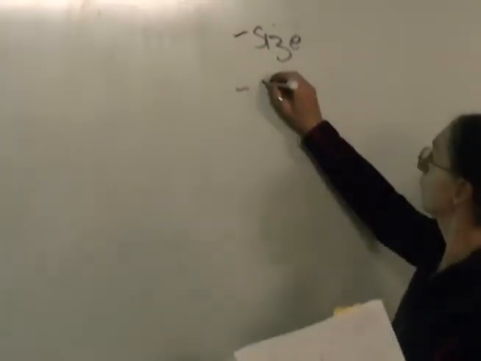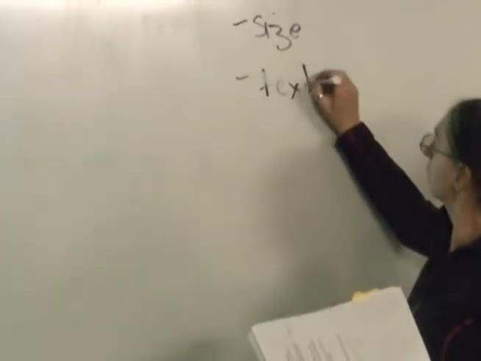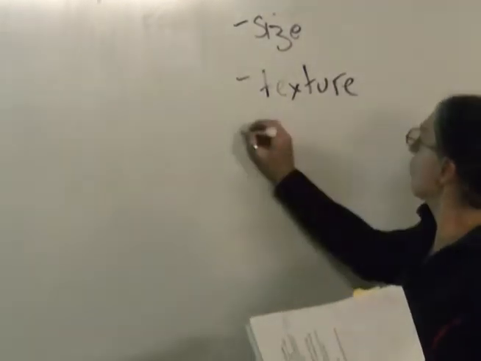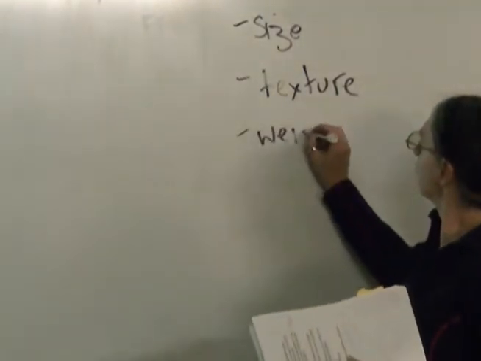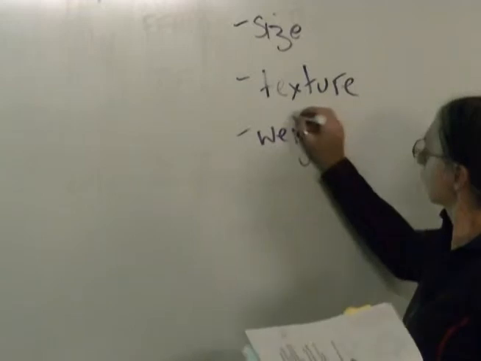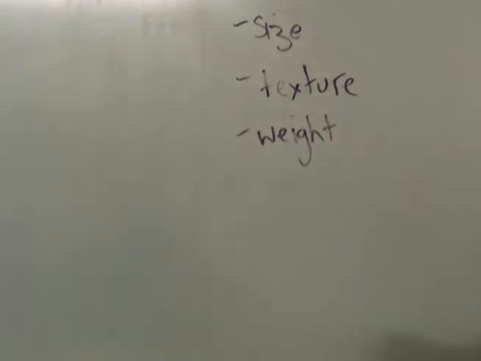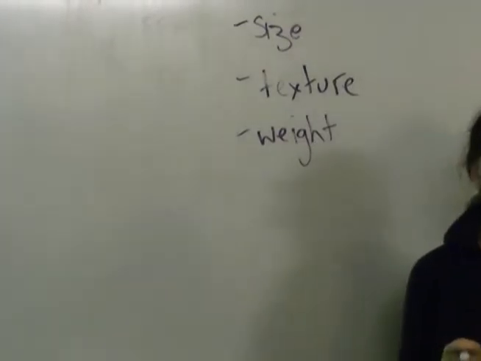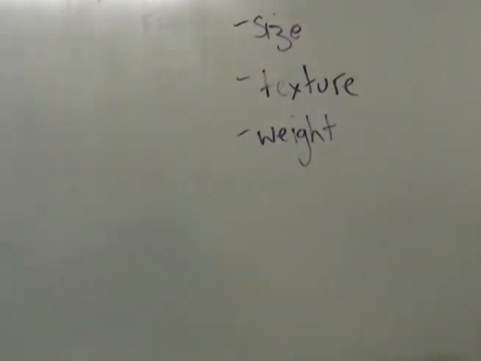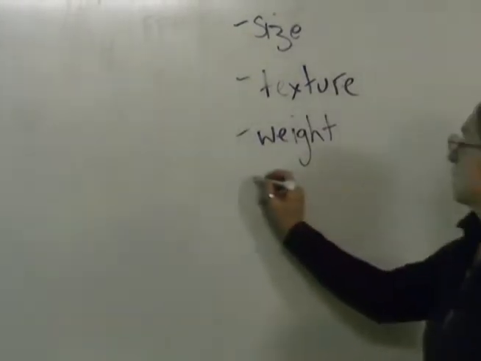Texture's a good one. Weight, that's a good one. Shape, right? Shape is a good one.